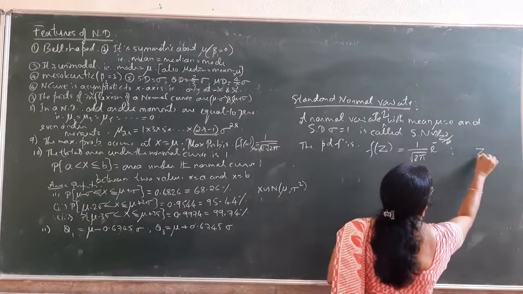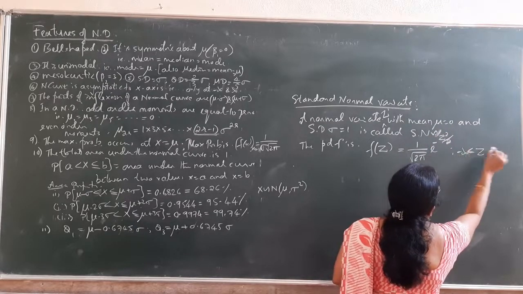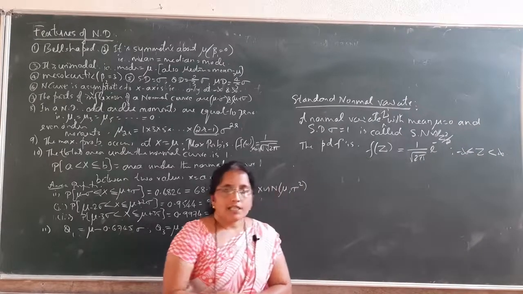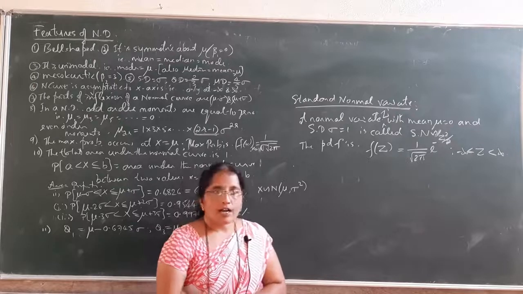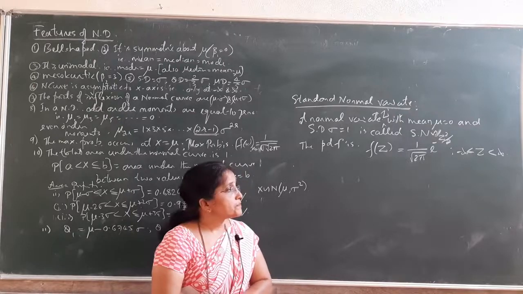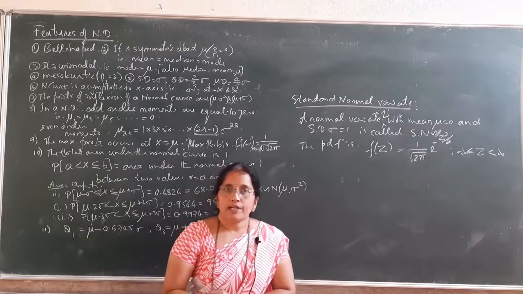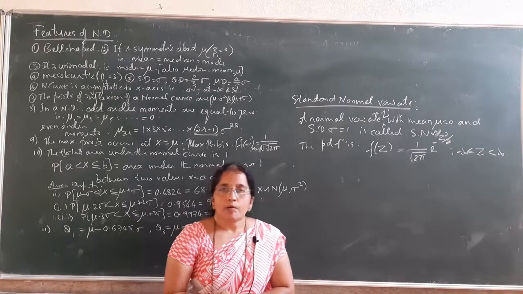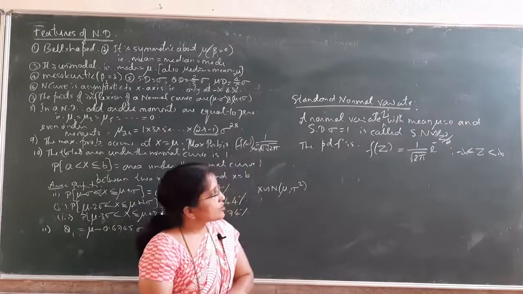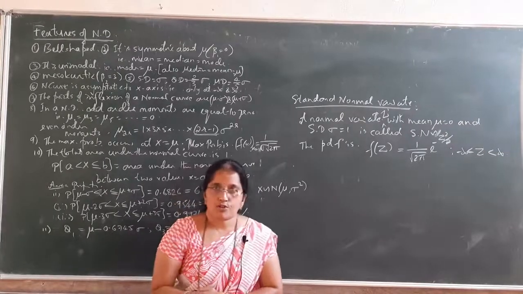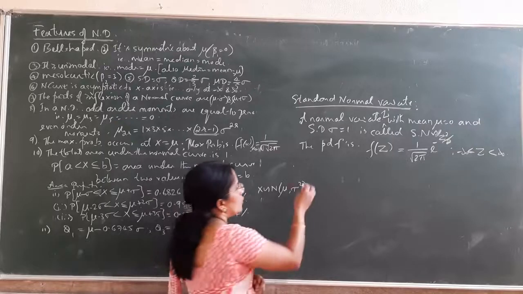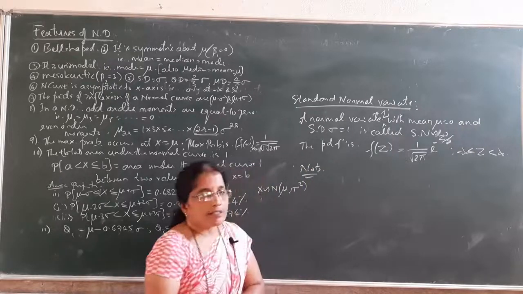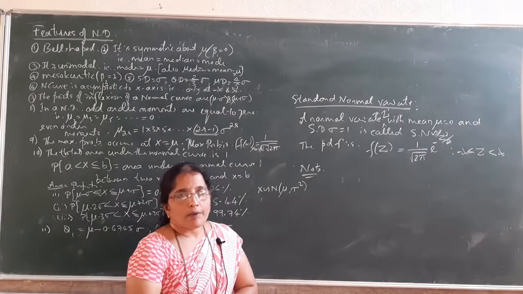Now, Z lies between minus infinity and plus infinity. This is considered as probability density function of a standard normal distribution. It is obtained by putting mu equal to 0 and sigma equal to 1 in the probability density function of a normal distribution.